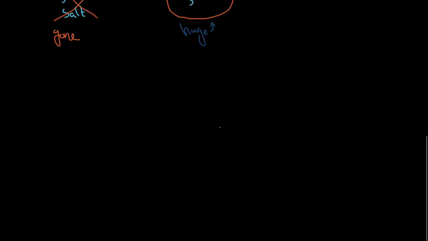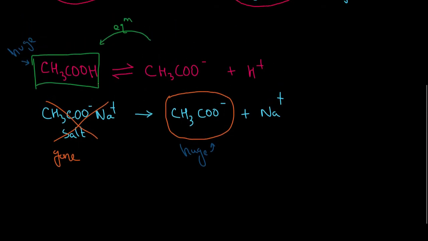So as these two guys are predominant, due to the presence of a high amount of ethanoate ion, this is suppressed. So these guys are also not there. They are there, but in negligible amounts. We could ignore those. And we don't care about sodium ion here.